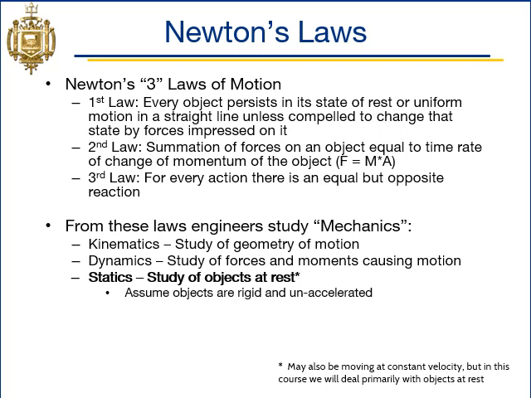So what does rest mean? Rest means not moving relative to some other object, right? So if we're studying things at rest on the Earth, that means whatever the object is, it's not moving relative to the Earth, right?